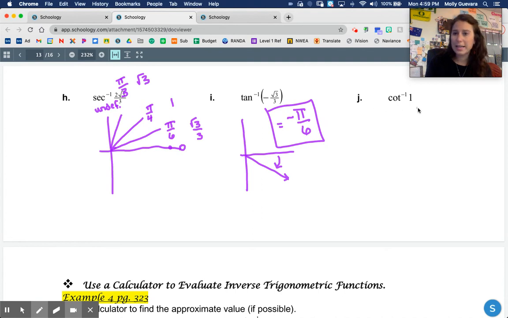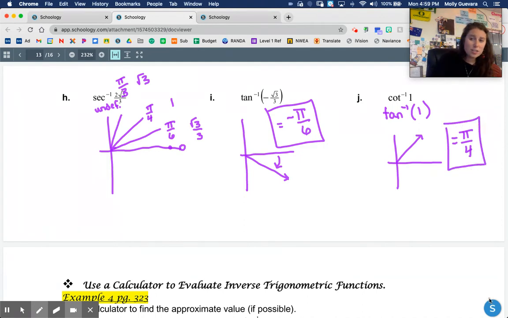And then the last one is cotangent inverse of 1, which means we have to do the tangent inverse of the reciprocal. Well, the reciprocal of 1 is just 1. Okay, so tangent of 1, it's positive, so it's going to be up here. And hopefully now we know the tangent of pi over 4 is 1.